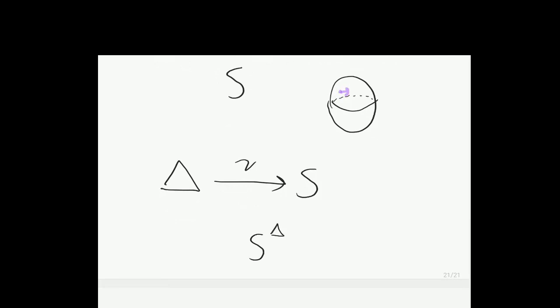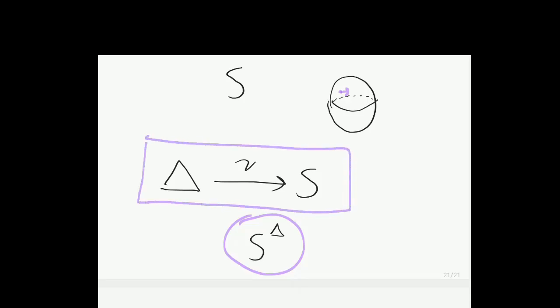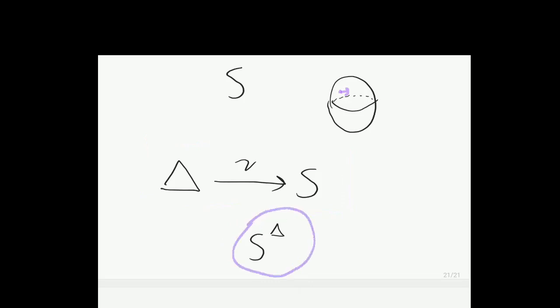So what would be a point of this space? It would just correspond to a function from delta to S. In other words, a point of S to the power of delta is just a map from the nil square infinitesimals to S. We're going to see later that any such map, for example this v, we can really think of as a so-called tangent vector within our space.